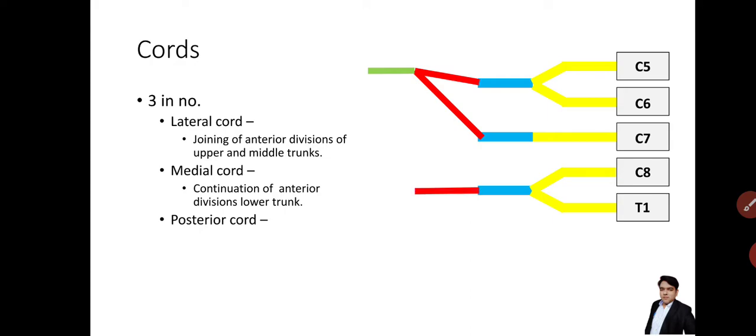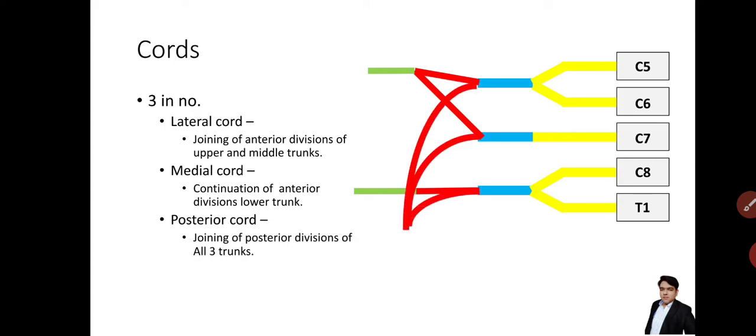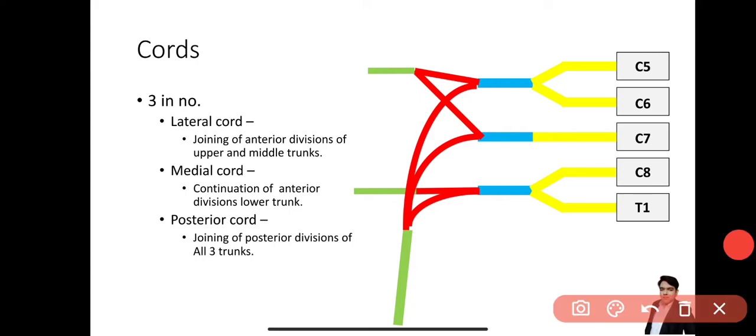So this is the continuation of the anterior division of the lower trunk, and this forms the medial cord. And the posterior cord is formed by joining of the posterior divisions of all three trunks like this. These are the posterior divisions which continue as the posterior cord. So this is the lateral cord, this is the medial cord, and this is the posterior cord.